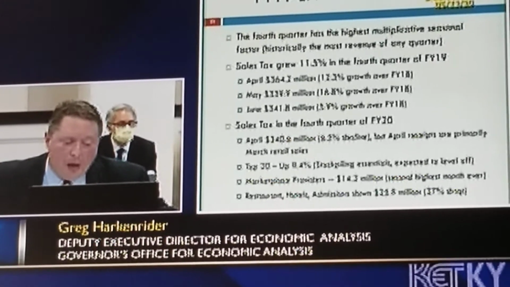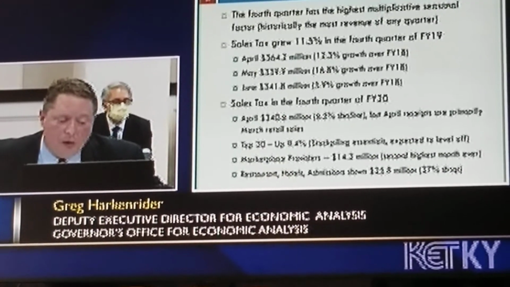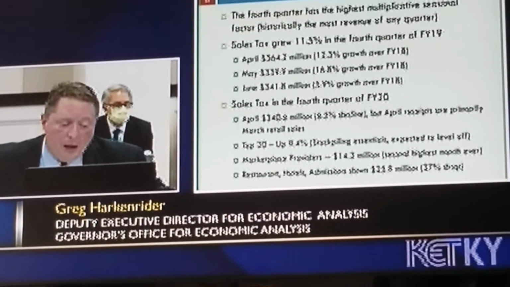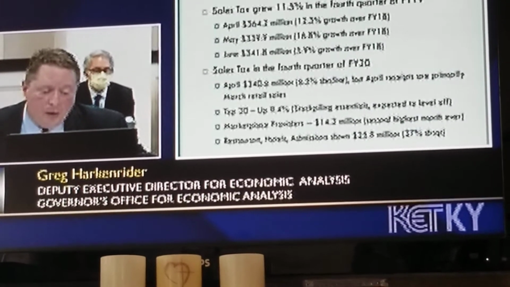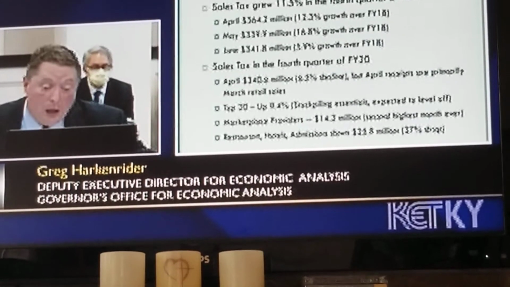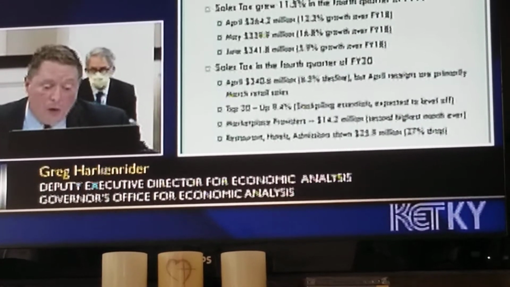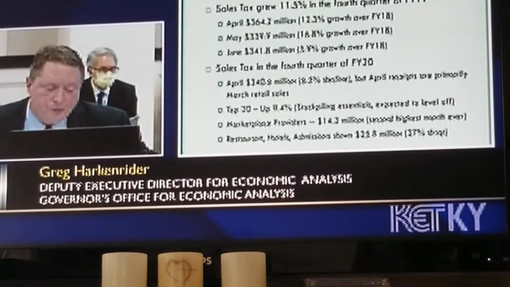Another thing that brought up April sales was the marketplace provider collection of sales tax from out-of-state providers. That was $14.2 million in April, which is the second highest month ever.